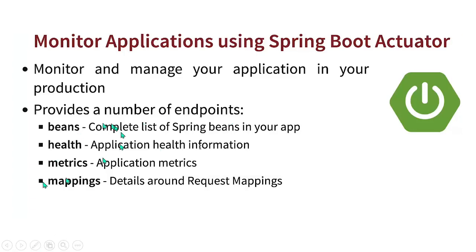All this information it will show. That is called Actuator. To achieve that, only one configuration you need to change, in the pom.xml file. You need to add one starter and one configuration, where you declare the endpoints.